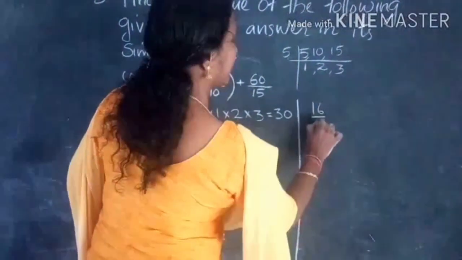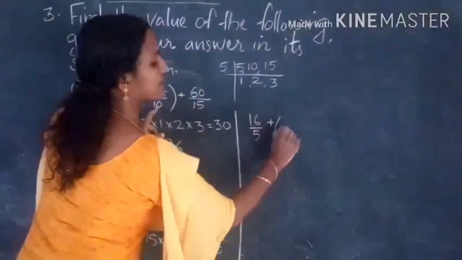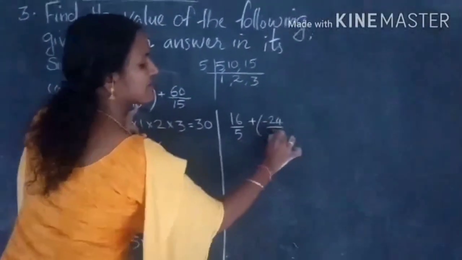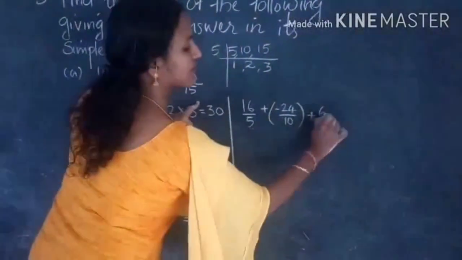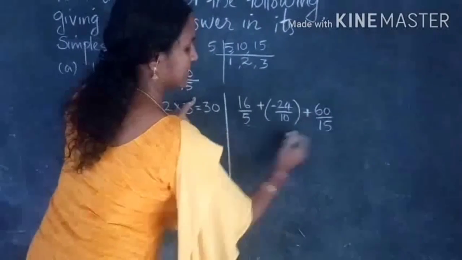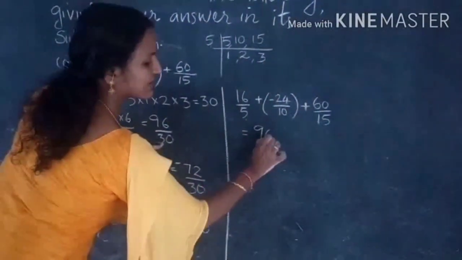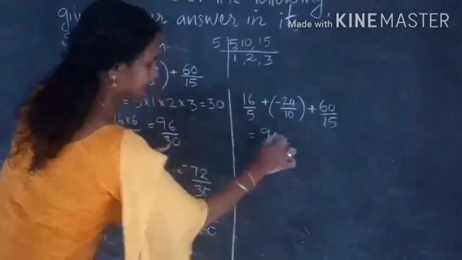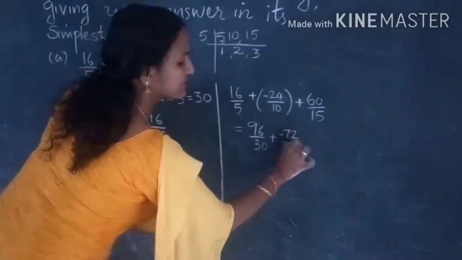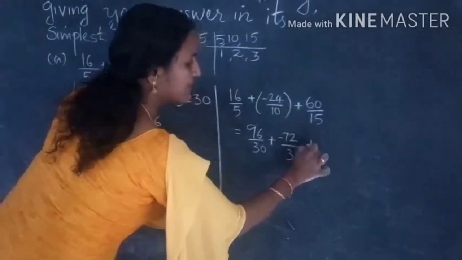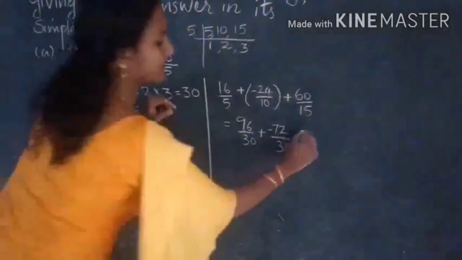16 by 5 plus minus 24 by 10 plus 60 by 15 is equal to 96 by 30 plus minus 72 by 30 plus 120 by 30.